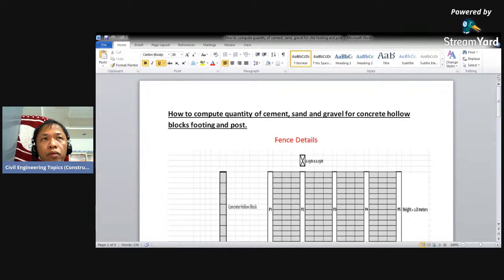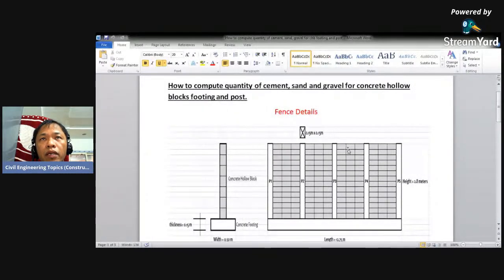How to compute quantity of cement, sand, and gravel for concrete hollow blocks, coating, and post. So ito yung example.